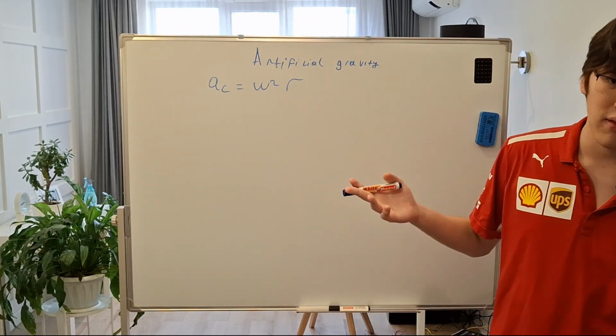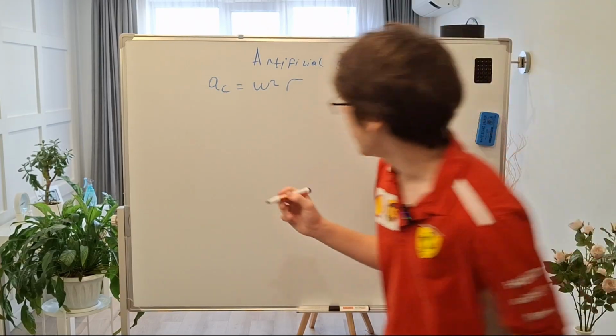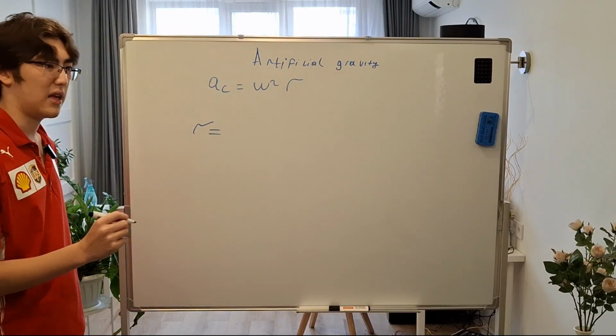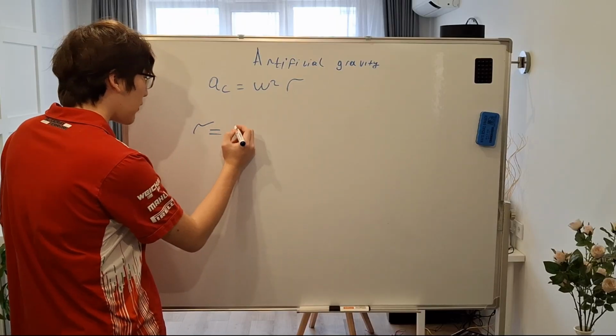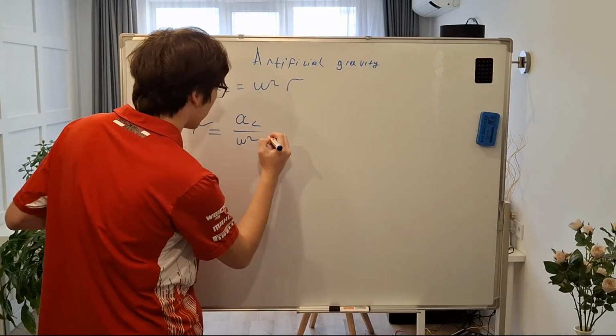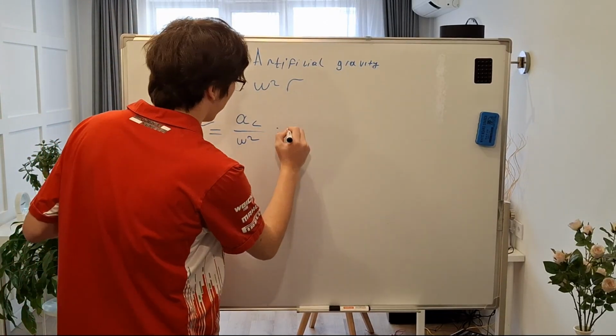So let's do that. We can conclude that the radius needed by our station will be acceleration divided by squared angular velocity, and so on.